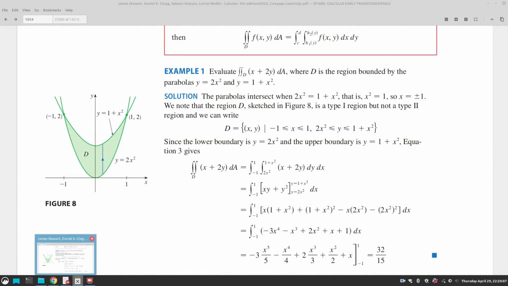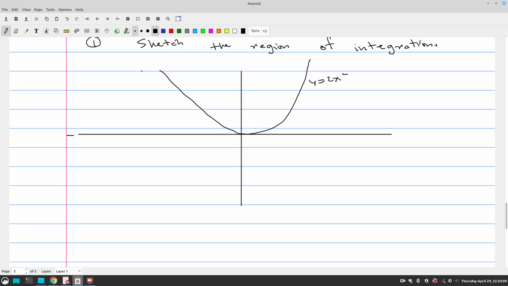Actually, the parabola should have its vertex at 1.